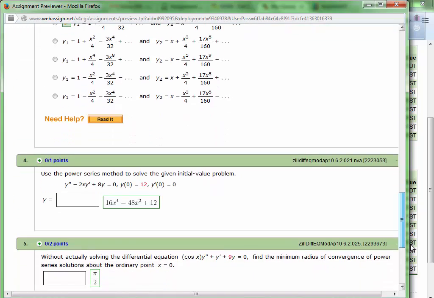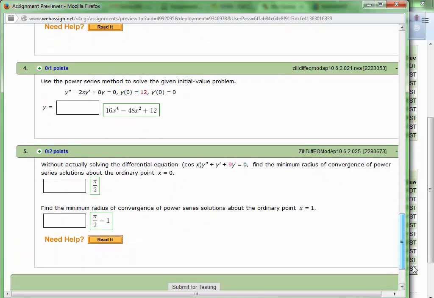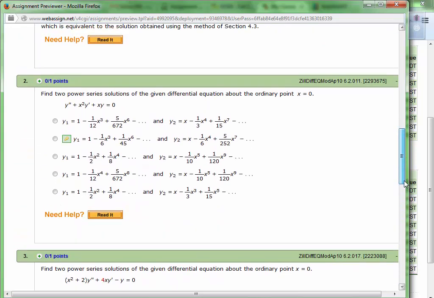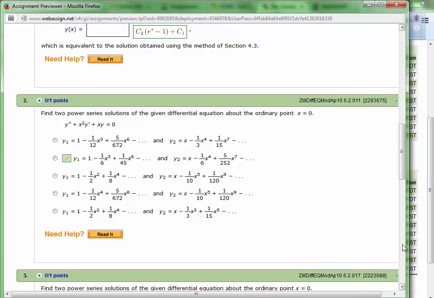They're all homogeneous. All right. Well, let's do problem number 2, for example.